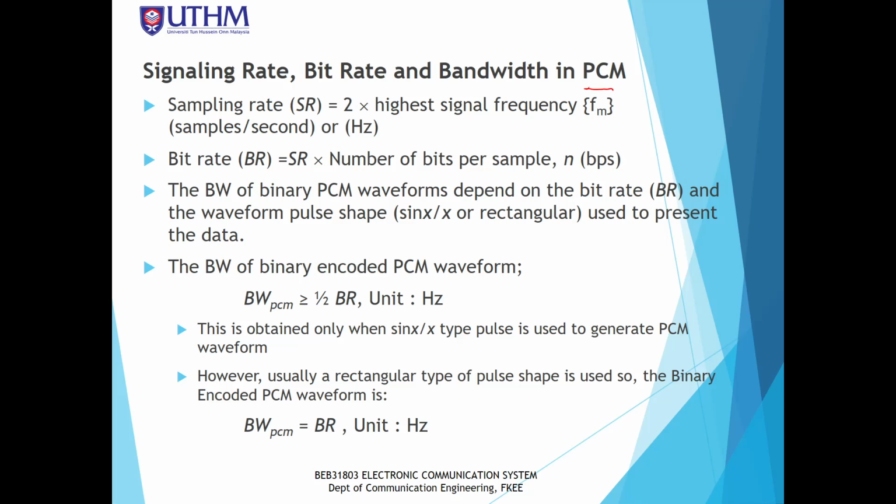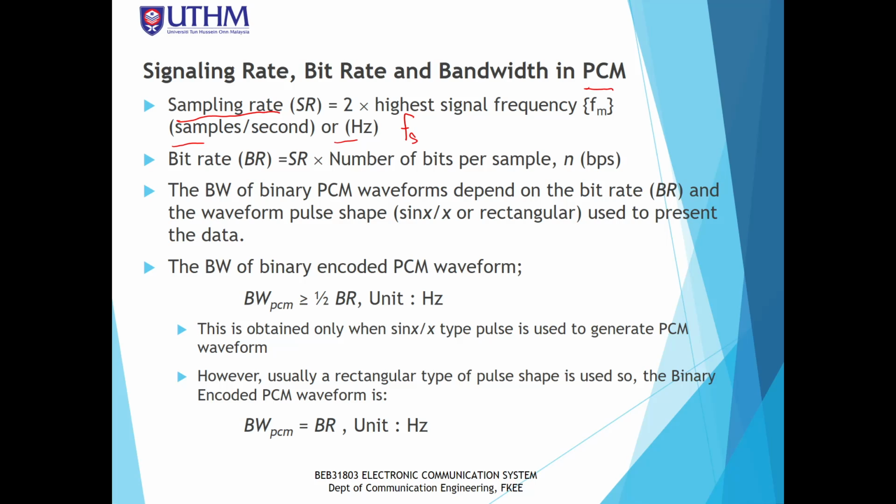So signaling rate is also what they call as a sampling rate. Okay, SR. SR is based on the Nyquist, so it is 2 times the highest signal frequency, which is in term of sample per second ataupun dalam hertz. So ini SR adalah sebenarnya adalah FS, sampling frequency. Okay, and then bit rate.